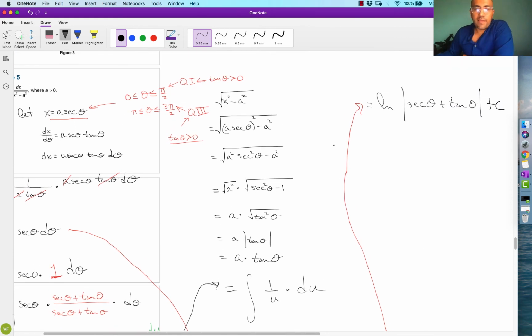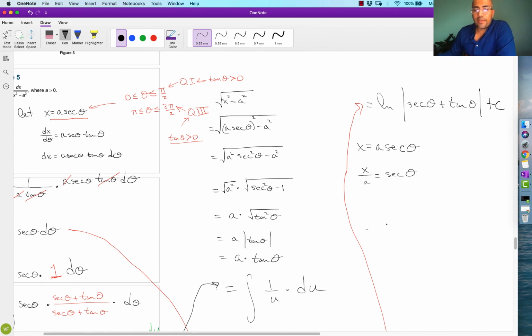Okay, well, we have that x is equal to a secant of theta. So x over a is equal to secant of theta.